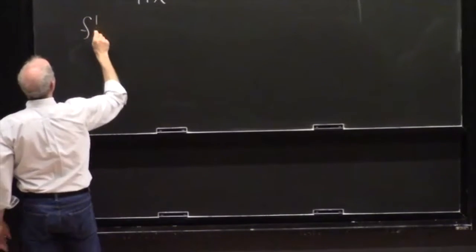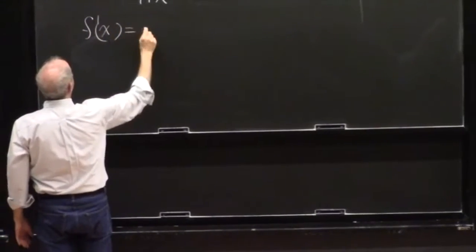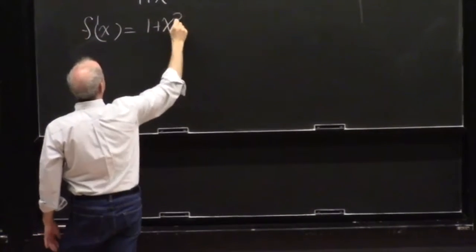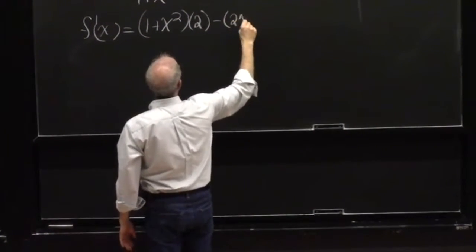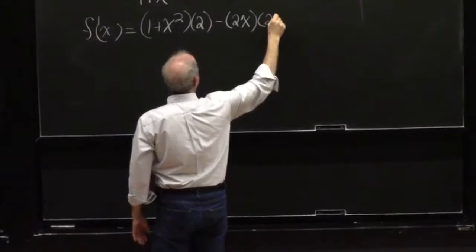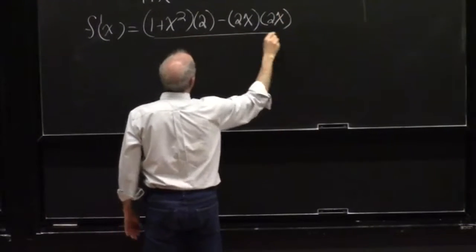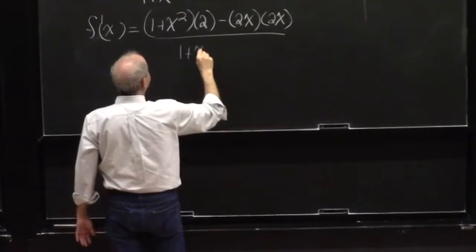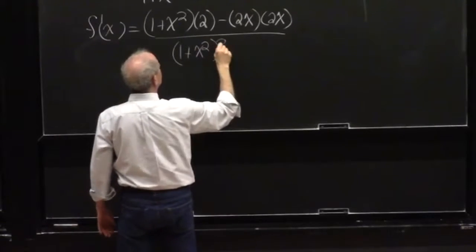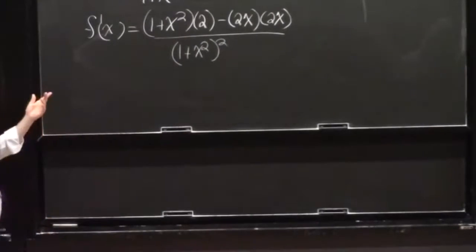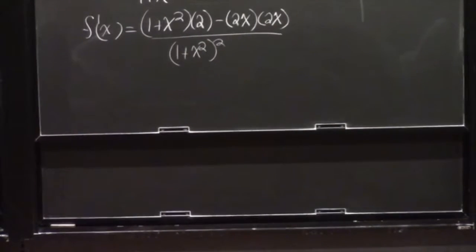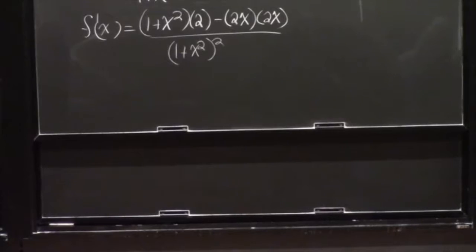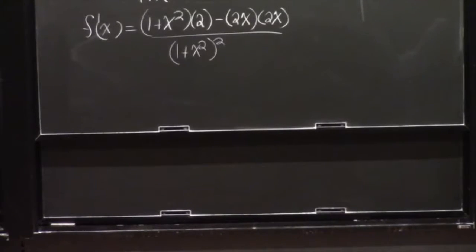So for the first derivative, we need the quotient rule. Bottom times derivative of top minus top times derivative of bottom over the bottom squared. Now normally, we won't bother to simplify if all I asked you for was the derivative. But since we're going to need to find zeros and we're going to need to find a second derivative, we want to simplify this.